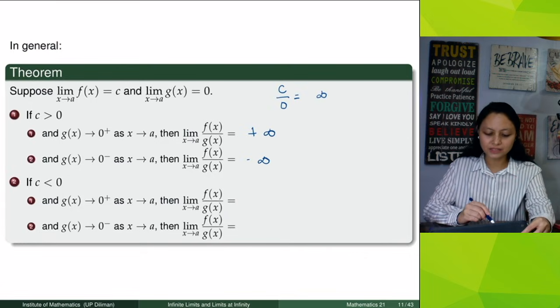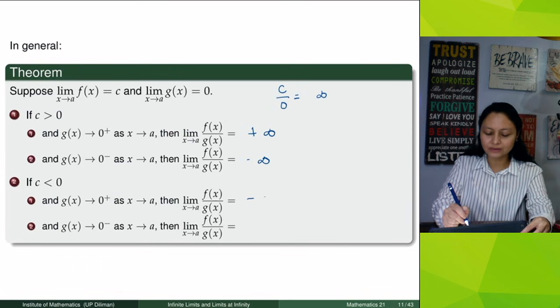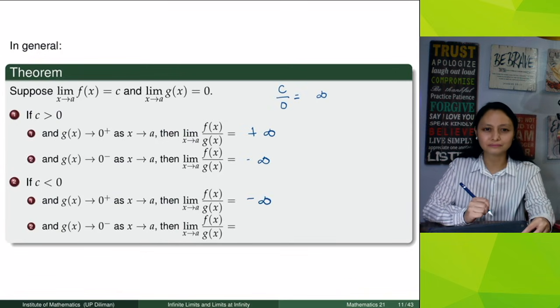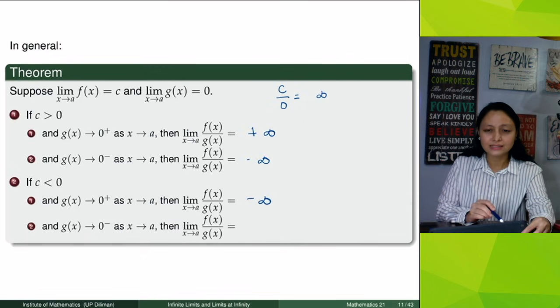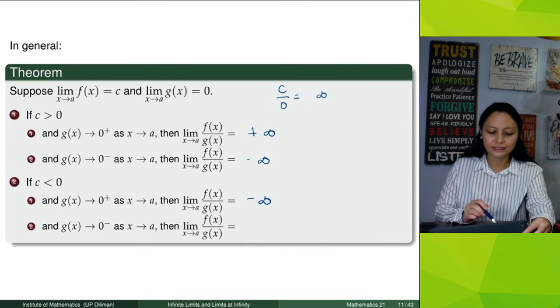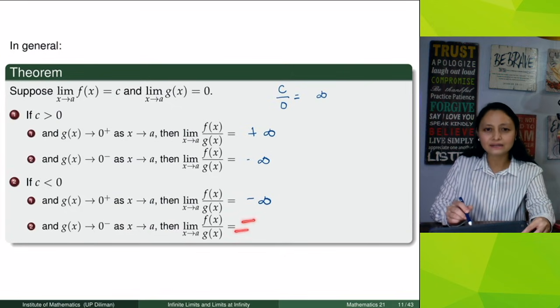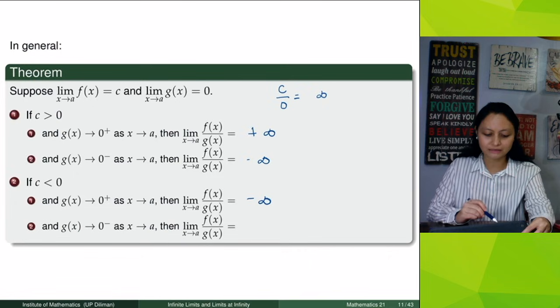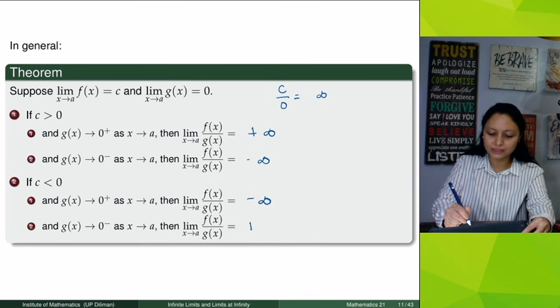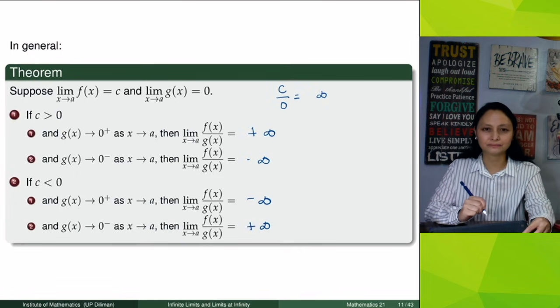Negative divided by positive is negative. So this is equal to negative infinity. And then, if c is negative and g of x approaches 0 from the left, negative divided by negative is positive. Therefore, this is equal to positive infinity.